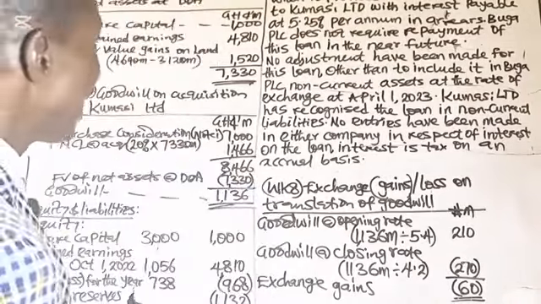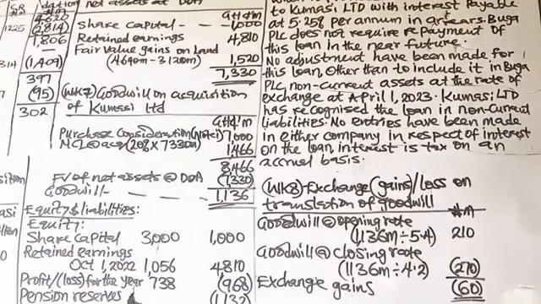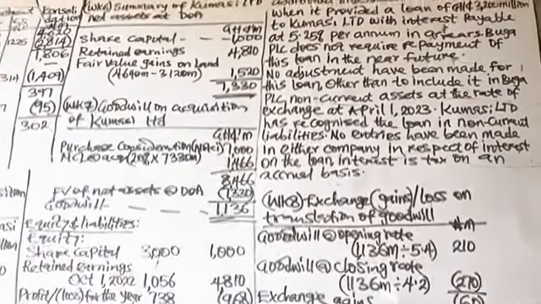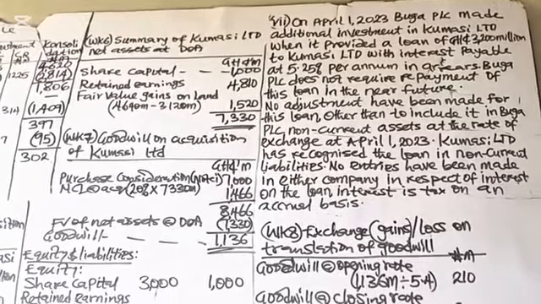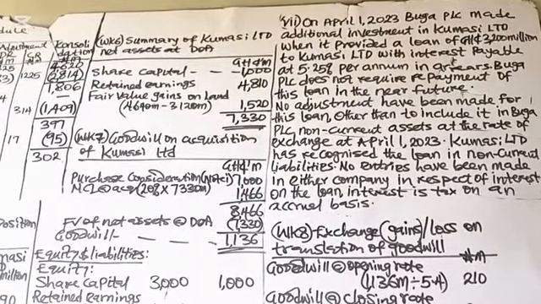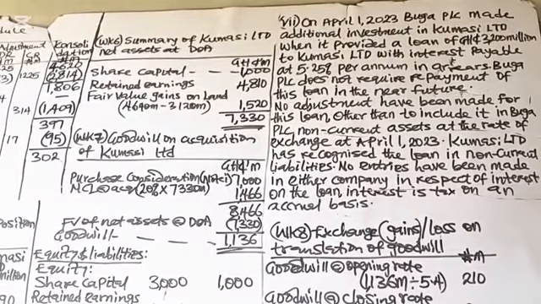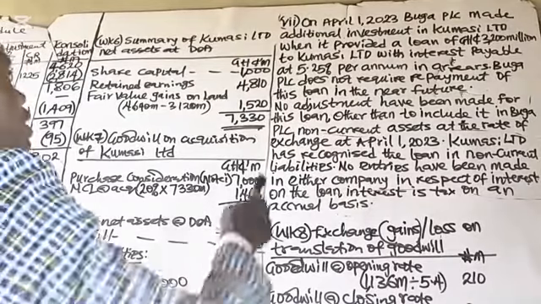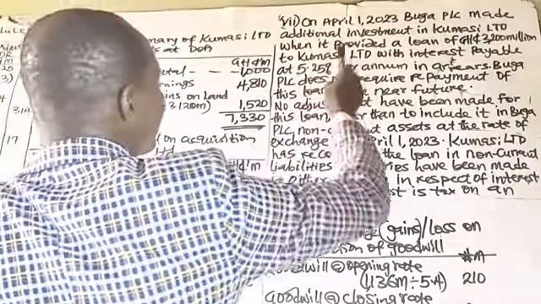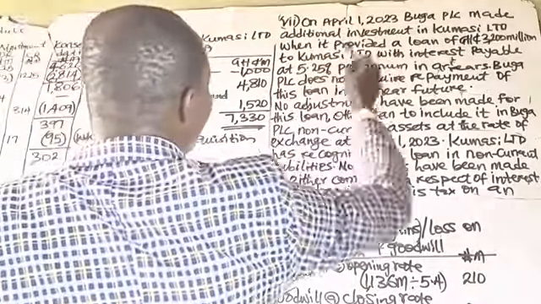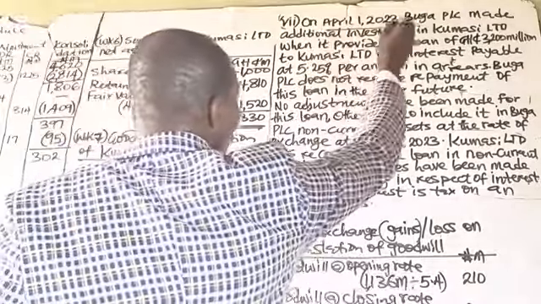Now, the loan that was issued in note 7. So we need to ascertain the exchange gains or loss arising on that loan. On April 1st, 2023, the loan was issued.